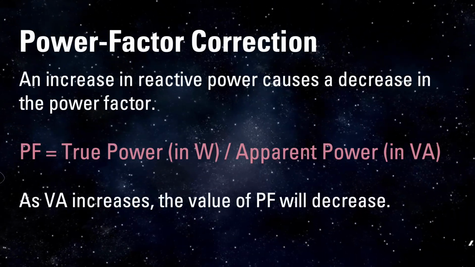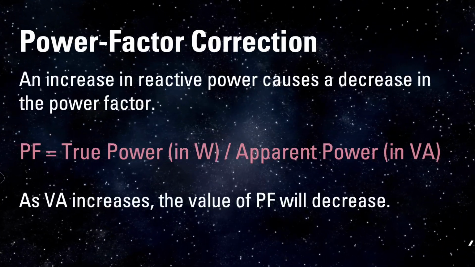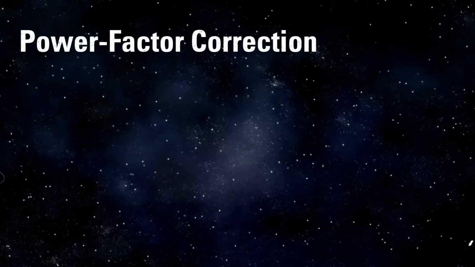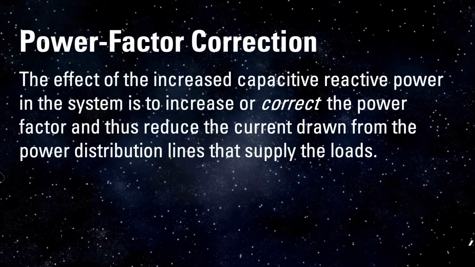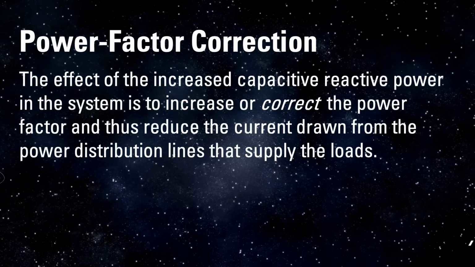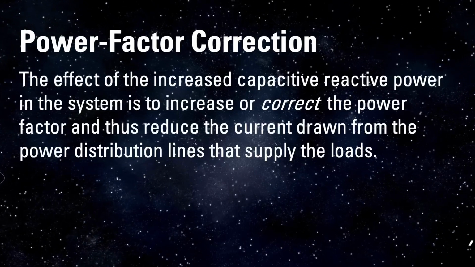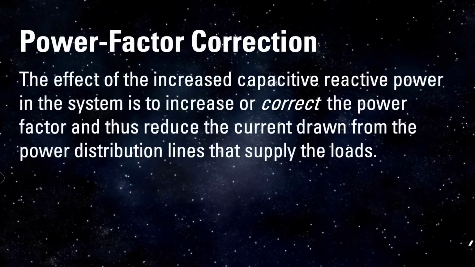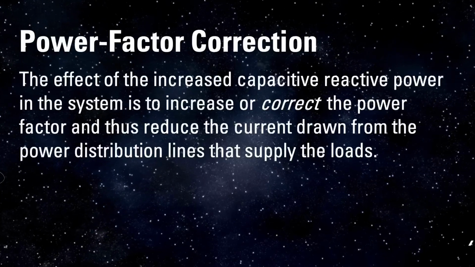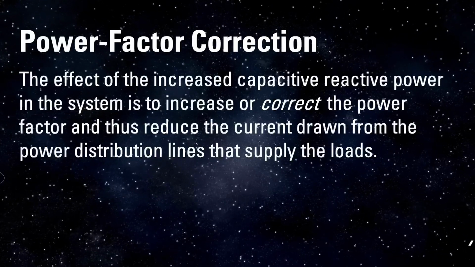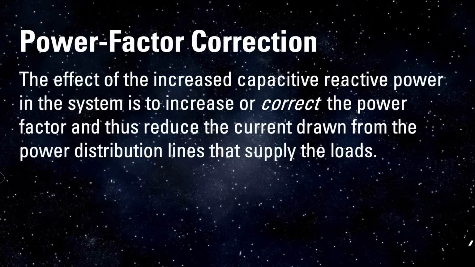As VA increases, the value of PF will decrease. The effect of the increased capacitive reactive power in the system is to increase or correct the power factor and thus reduce the current drawn from the power distribution lines that supply the loads.